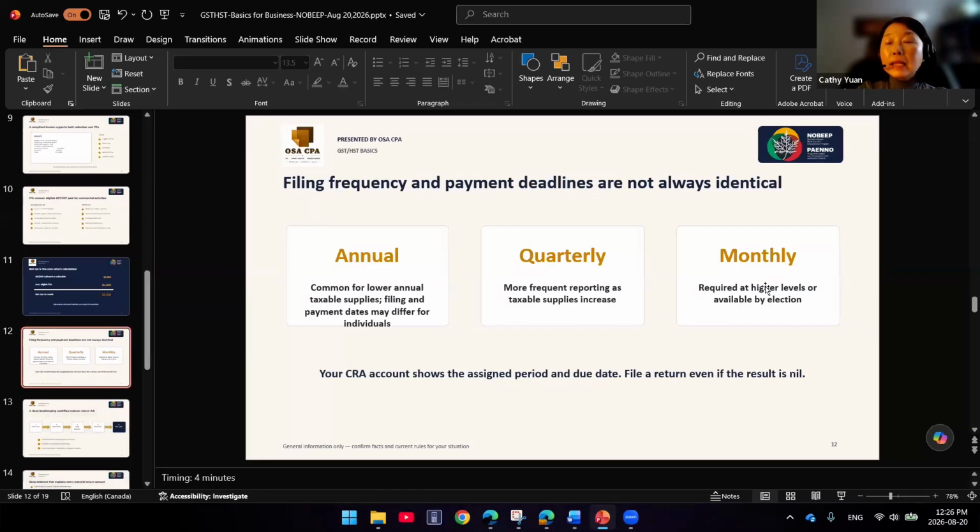Okay, this is another thing a business owner has to think about in advance. You want to do the GST/HST annually, quarterly or monthly. Monthly means you have to do the tax return monthly. Quarterly means every 3 months. Annually is just 1 year, 12 months.